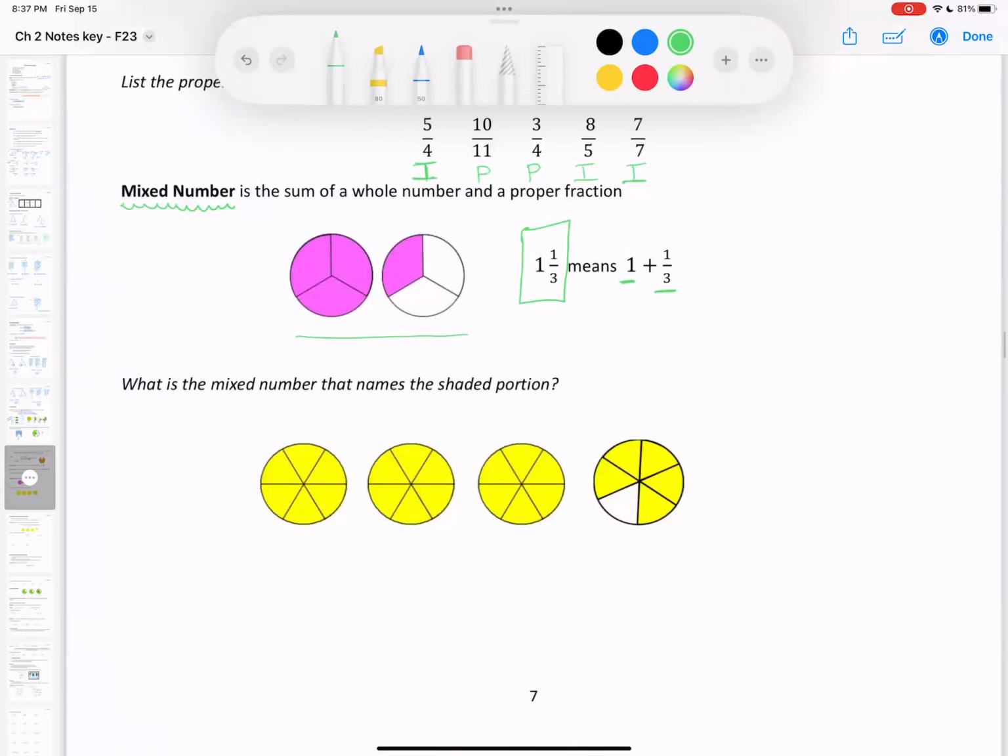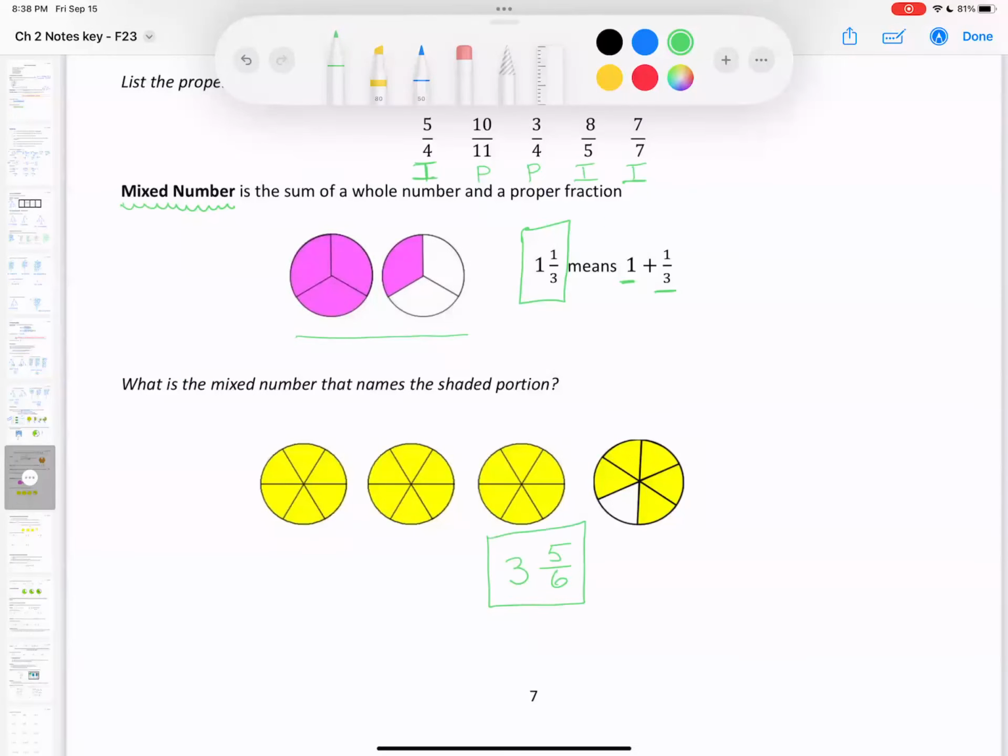So what that really means is we have one whole thing plus we have another 1/3. So what if we wanted a mixed number that represented the shaded portion of these circles? Well, we have 3 whole, let's say, pizzas, and then we've got this one on the end that's a part of a pizza. So there's 6 equal pieces, and we have 5 of them shaded. So it would be 3 and 5/6.